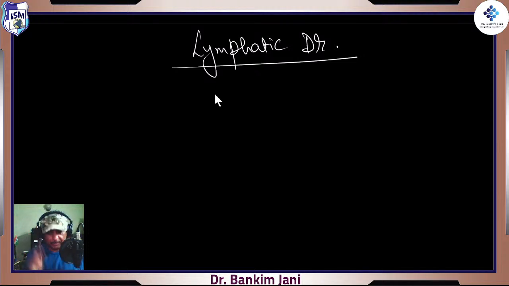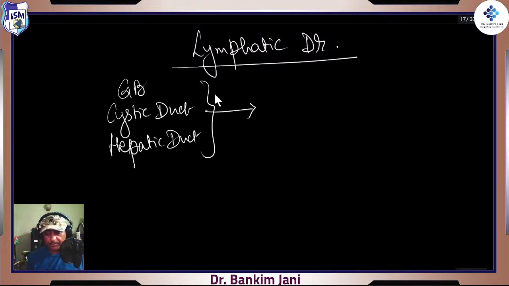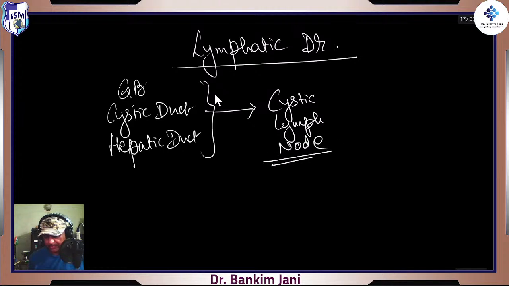So gallbladder, cystic duct, hepatic ducts, all of them are absolutely near that Callot's triangle. They drain into this cystic lymph node, or you can just say cystic node. But remember, it is in that Callot's triangle.